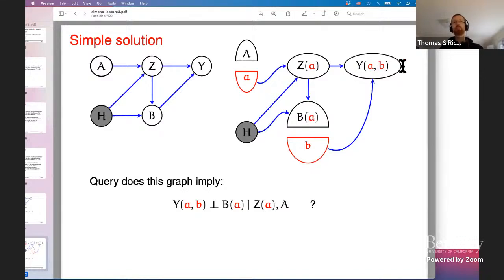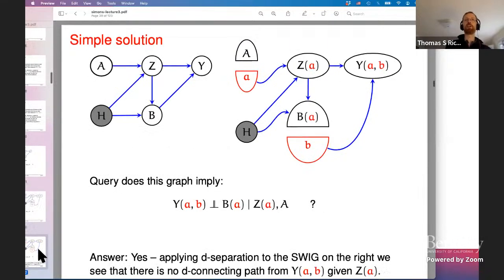Okay, so we've now got a graph representing a joint distribution over A, Z of A, H, B of A, Y of AB. And now we can use our d-separation toolkit that was explained on Tuesday to read off from here: is Y of AB d-separated from B of A given Z of A and A? Well, there are two paths from here to here.